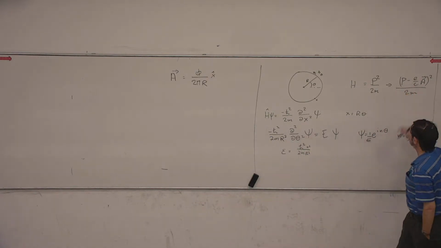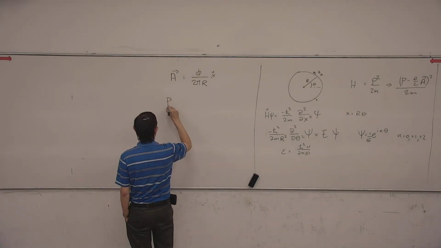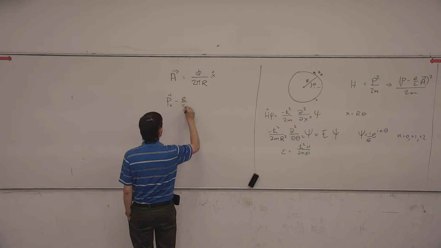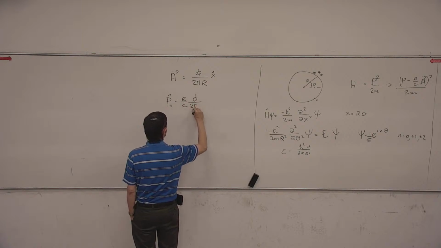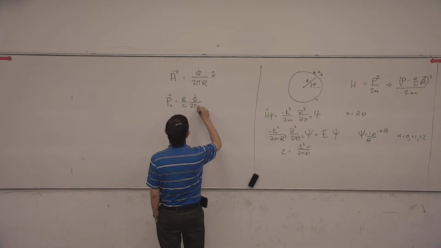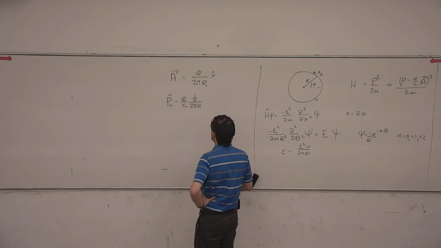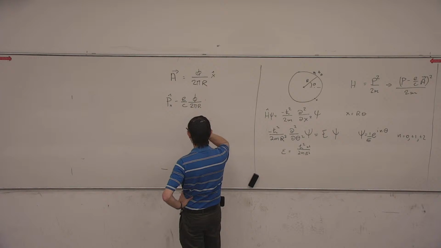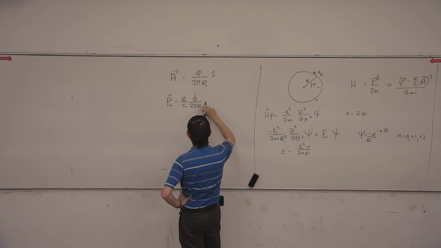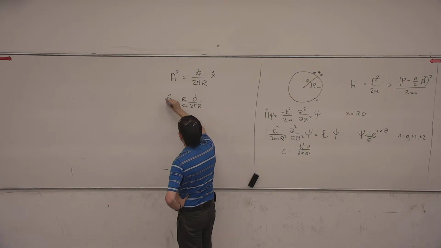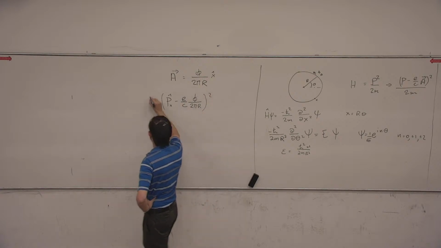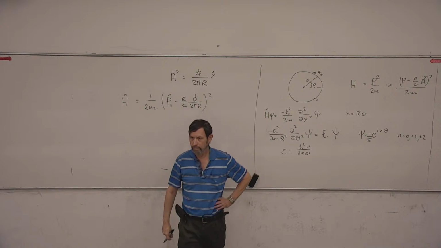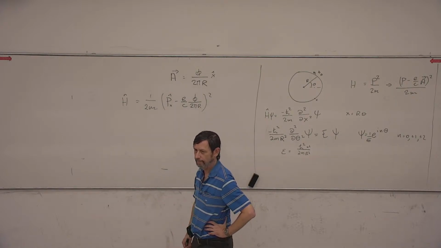So this is Px minus... Wouldn't it be convenient to put everything in terms of x or theta to do the derivatives?